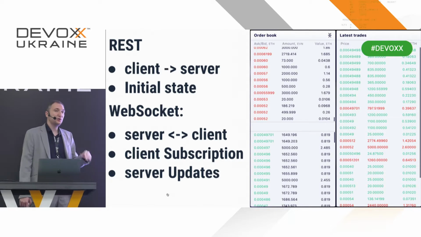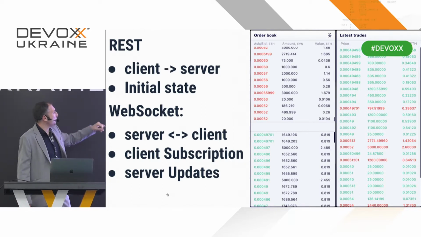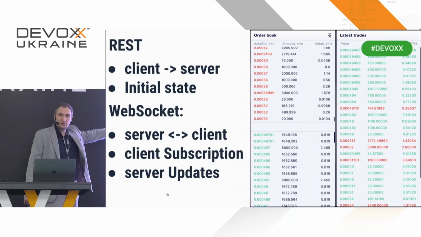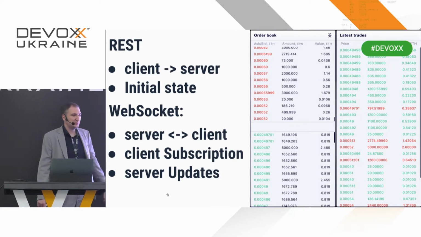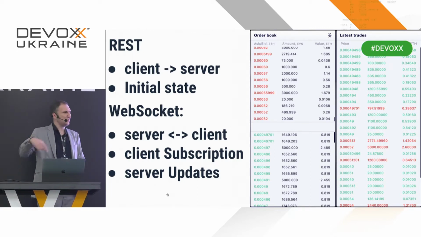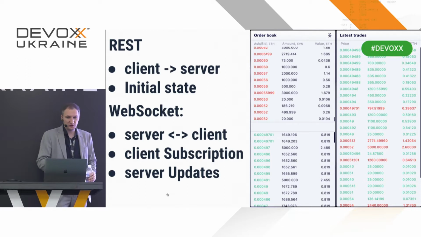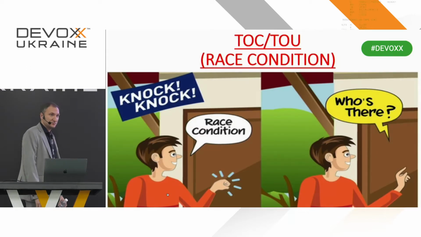If you use the approach that I typically see, you will use REST for reading the initial state and use WebSocket for live subscription. Of course, we will not poll the server every 5 or 3 seconds. If we don't need to, we will use WebSocket. What will you have? You will have a race condition.